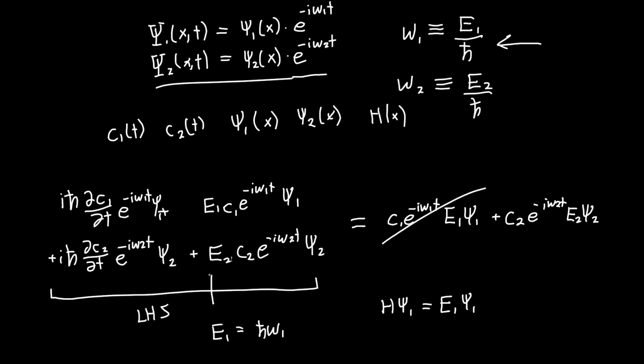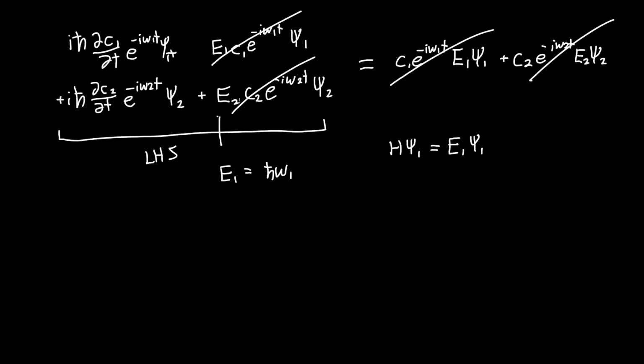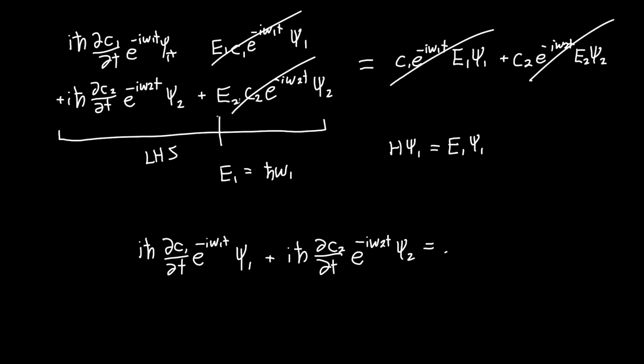This term and this term cancel, and this term and this term cancel. And so we're left with our final differential equation, which is just i h bar dc1/dt e to the minus i omega 1 t times psi 1, plus i h bar dc2/dt e to the minus i omega 2 t times psi 2, is equal to 0.